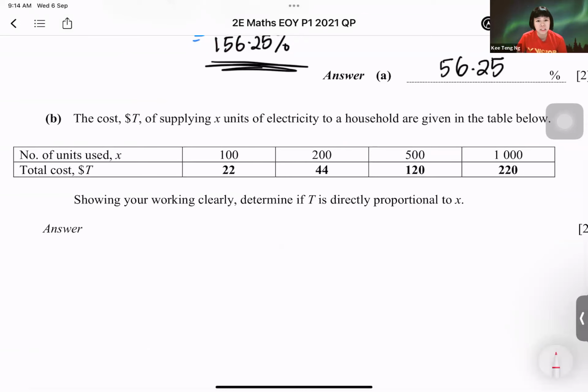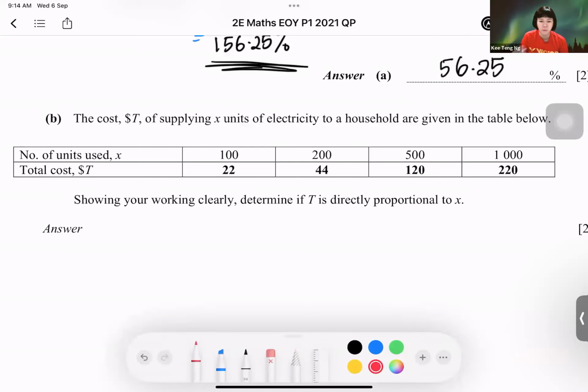The cost T of supplying X units of electricity to a household is given in the table below. Show your working clearly. Determine if T is directly proportional to X. For this type of question, there are many different ways to prove, but one of the very simple ways is, they ask you, is it true that T is directly proportional to X? What do I need to check?